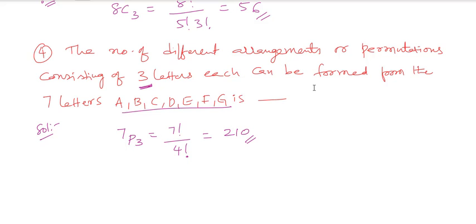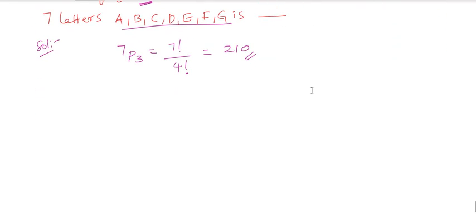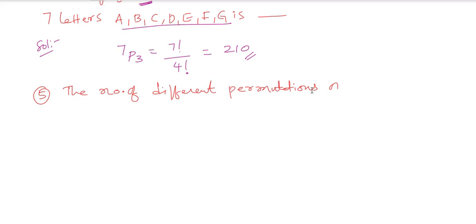Can you try one more problem? I think it is a very peculiar and famous example in your intermediate. Right? Can you take that? The number of different permutations of the 11 letters of the word Mississippi.